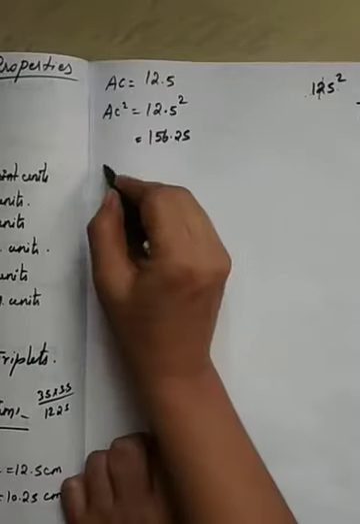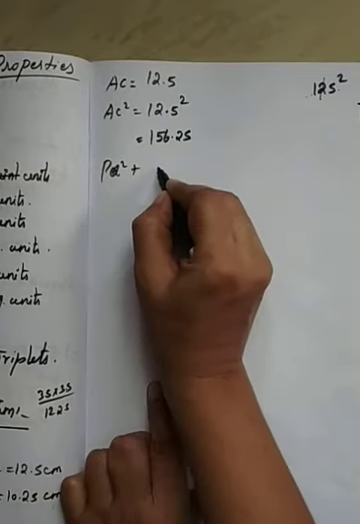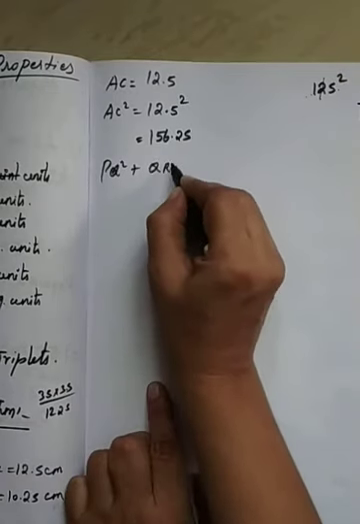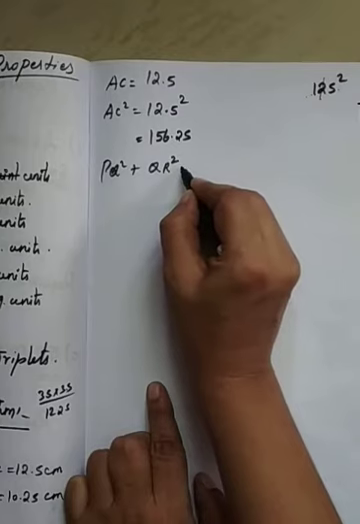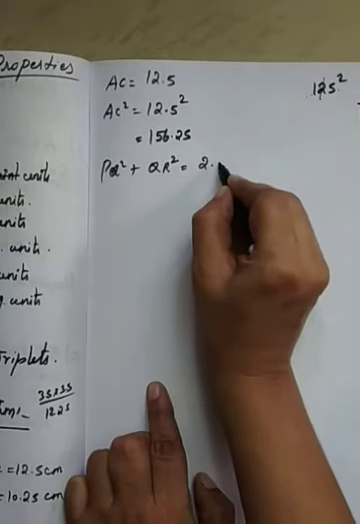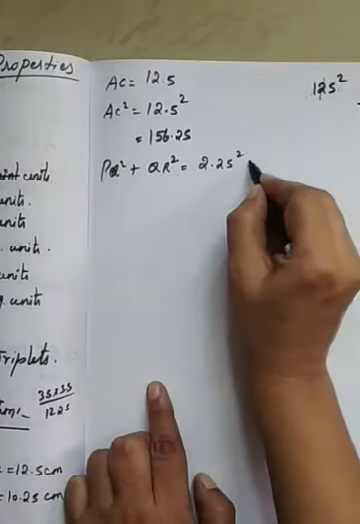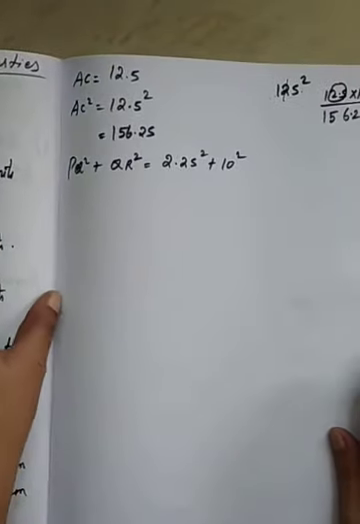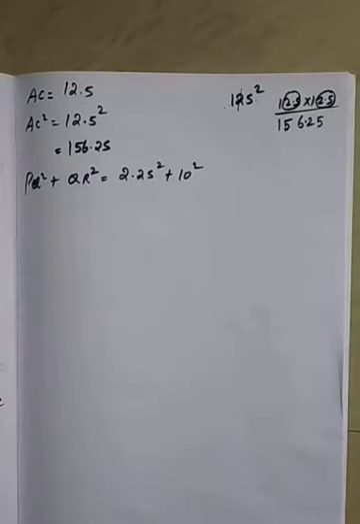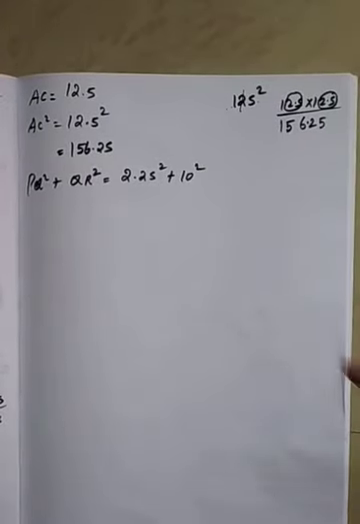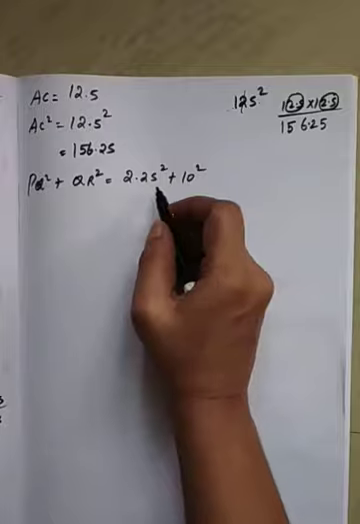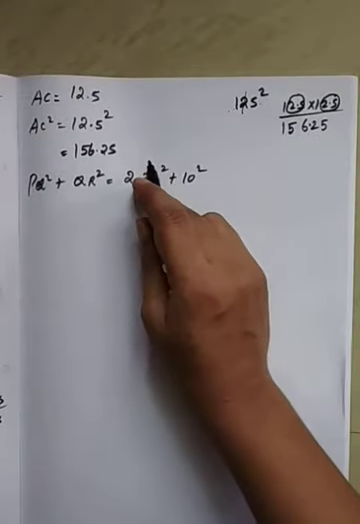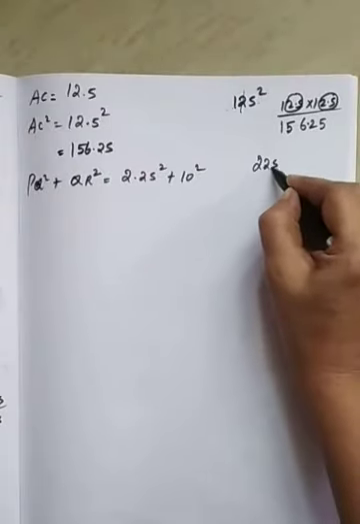Now, similarly, you can take the other triangle. PQ squared plus QR squared is 2.25 squared plus 10 squared. For 2.25 squared, first remove the dot, so 225 squared.